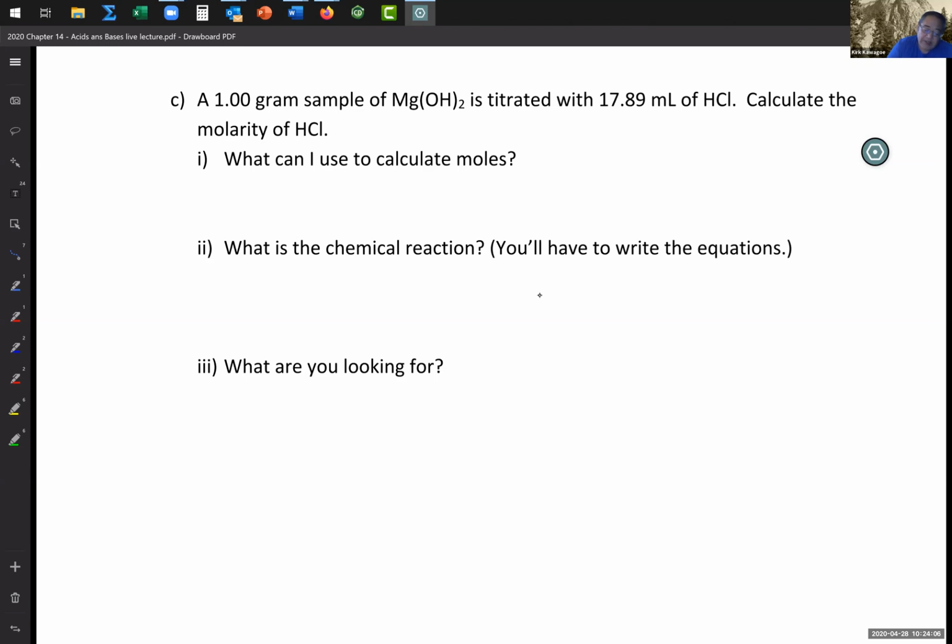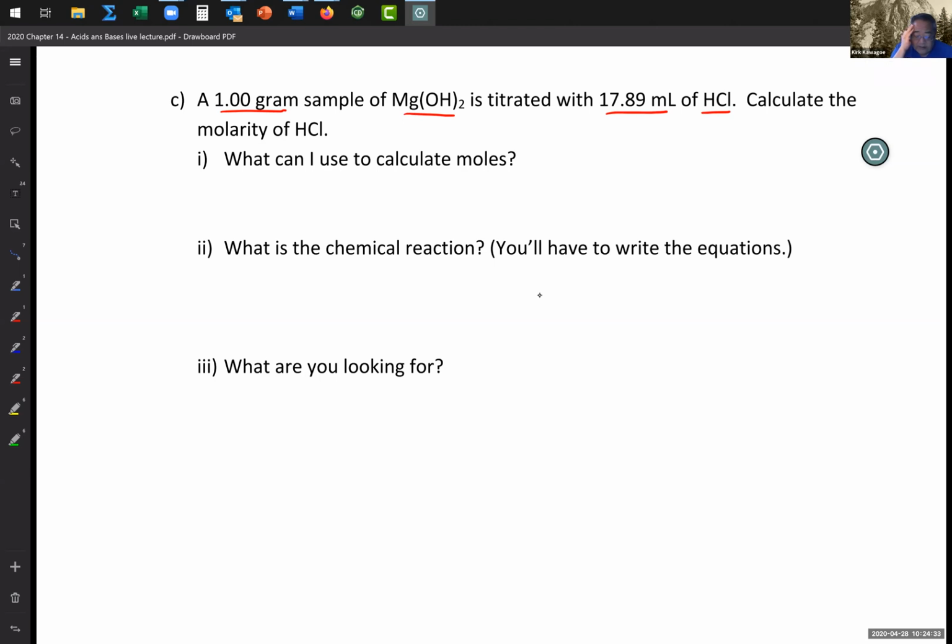And we're going to do this problem. And even if you don't understand the problem, you can know how to start. So you just look at the information given and decide what can you calculate most. In this case, you have a volume of HCl, and you have a mass of magnesium hydroxide.